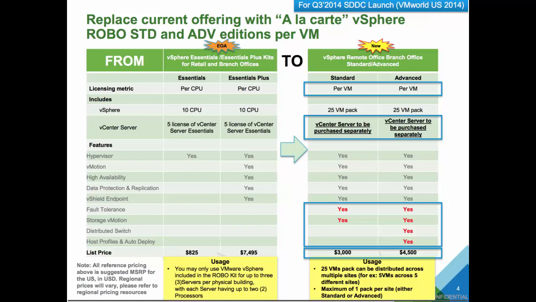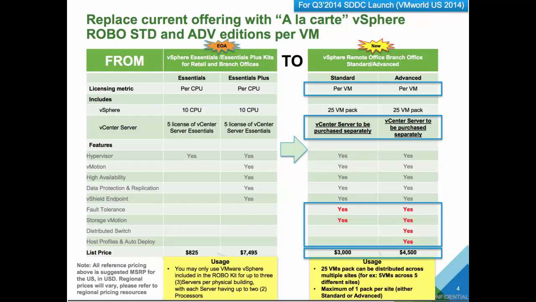I think one of the big announcements, at least for people that do a lot of talking to customers in the commercial market space, your small to mid-sized businesses, is the ROBO licenses. A lot of times we'll use these. This is remote office branch office licensing. It used to come in either Essentials or Essentials Plus. It was a per CPU license, just like regular vSphere licensing.